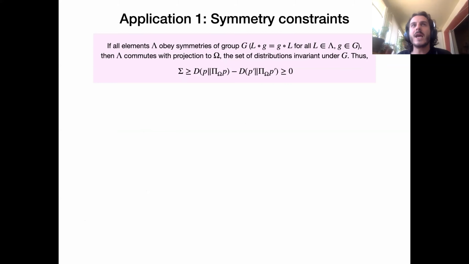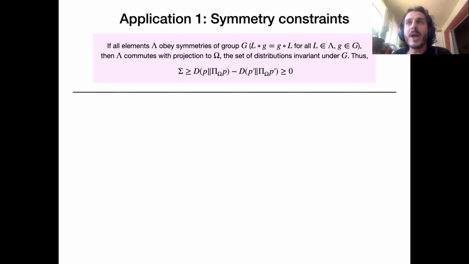Well, let's say that the dynamical operators obey the symmetries of some group G. And by that, we just mean that all the dynamical operators in lambda commute with the transformations in the group G. In that case, we can show that the set of dynamical operators lambda commutes with the projection to omega, which is the set of distributions that are invariant under G, that essentially have the same symmetries, the symmetries encoded in G.